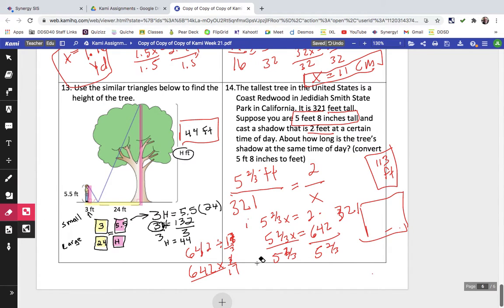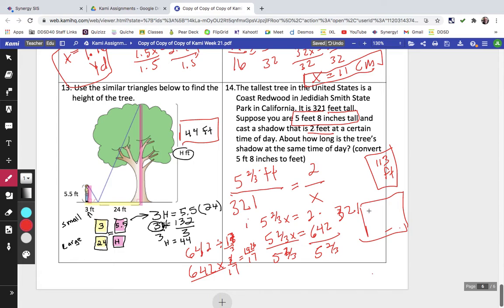We have to do instead 3 times 642, that's 1,926, divided by 17, and look at that, 113.29.